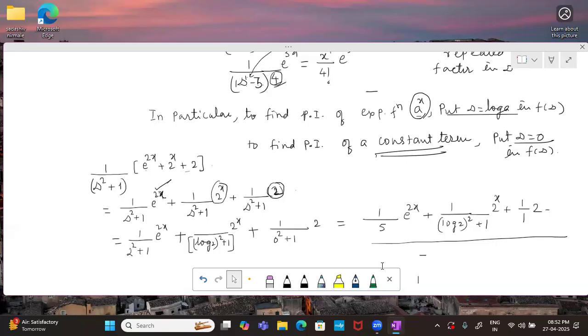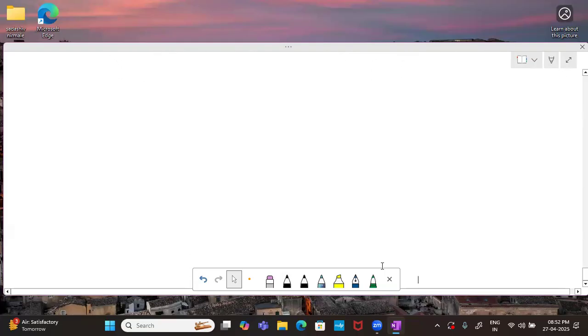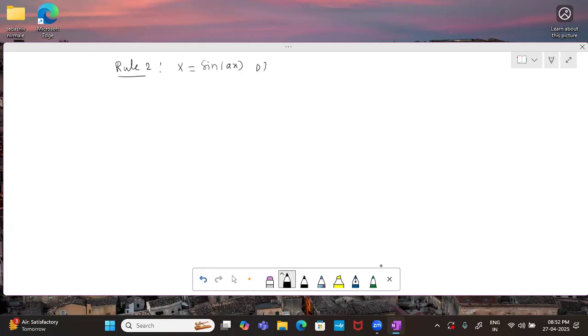And now we will see rule number 2. This rule is applicable for these two functions: trigonometric sine in first degree or trigonometric cosine in first degree.